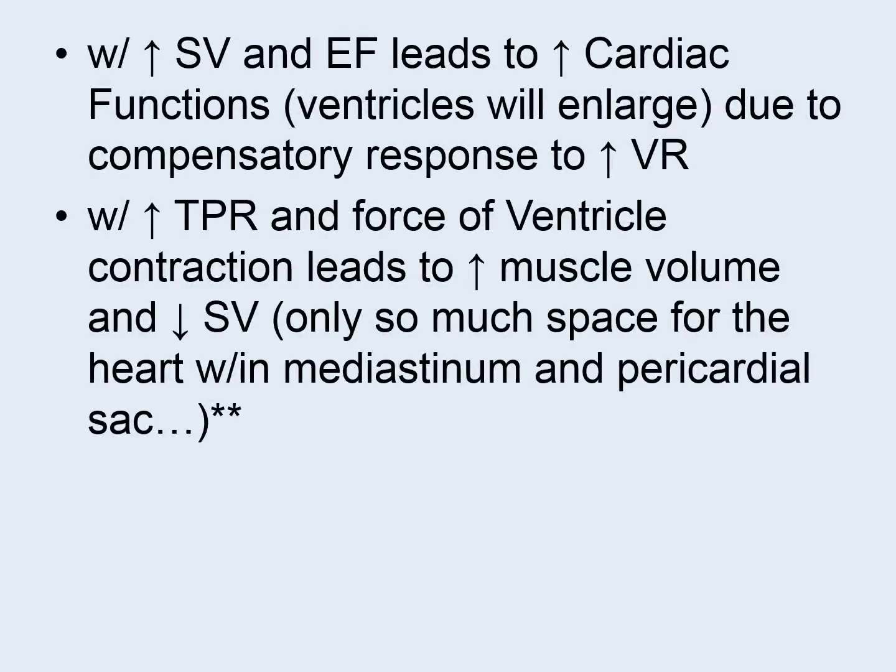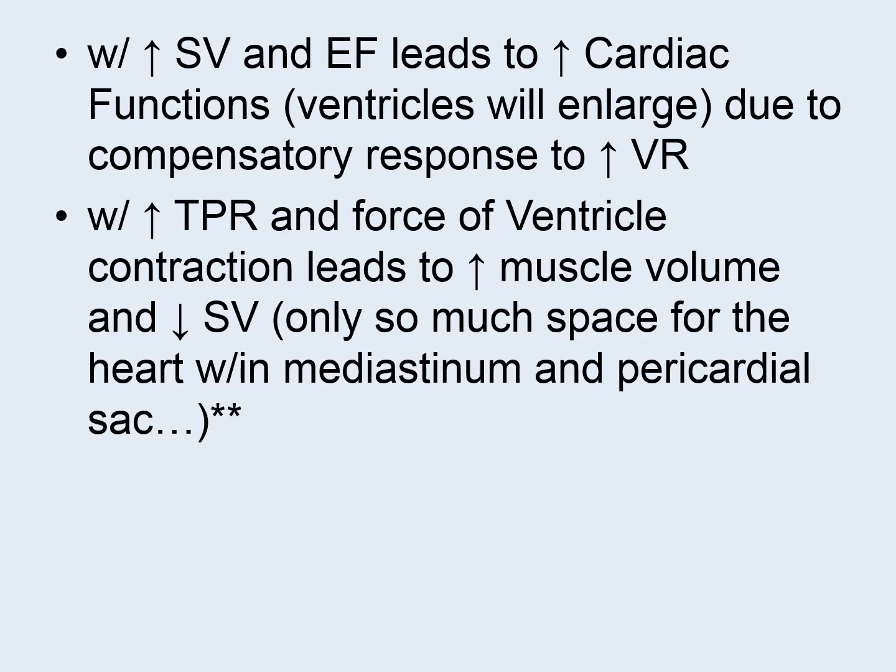What we end up getting overall from this Frank-Starling relationship is that with an increase in stroke volume and ejection fraction, we get an increase in cardiac function, typically due to ventricular enlargement. This ventricular enlargement is a compensation to the response of increase of venous return.